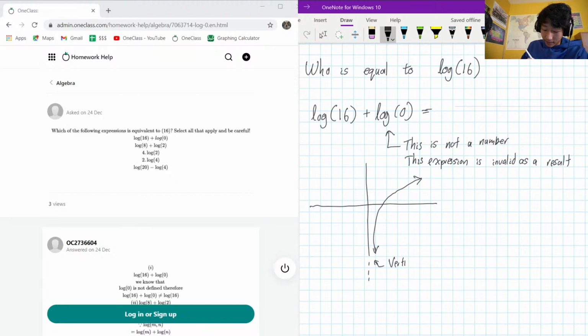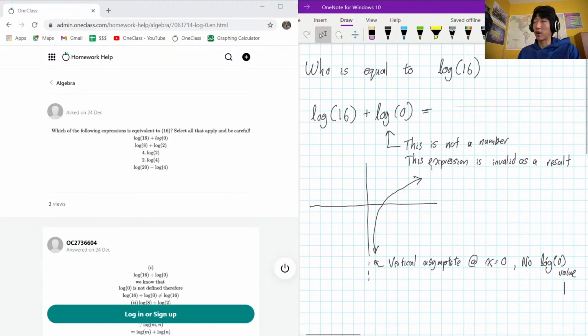A vertical asymptote at x equals 0, meaning that there's no log 0 value. If you actually look at the log graph, this will be why. So the first option is disqualified.